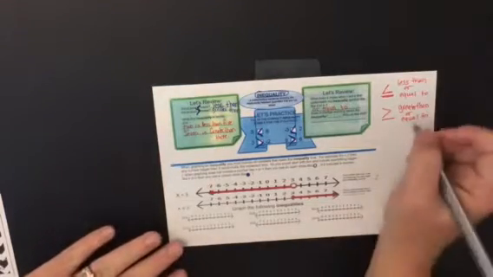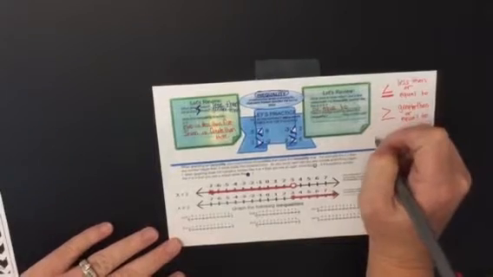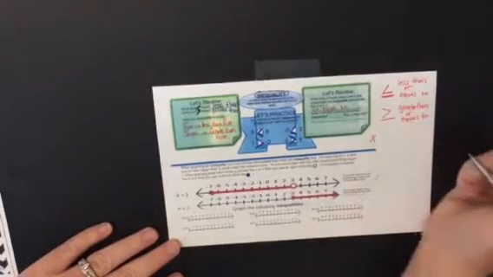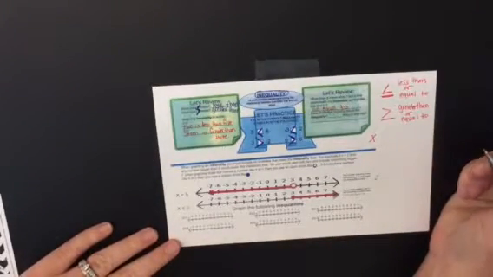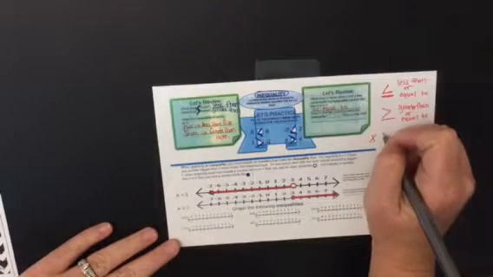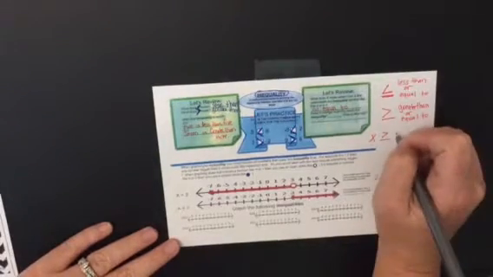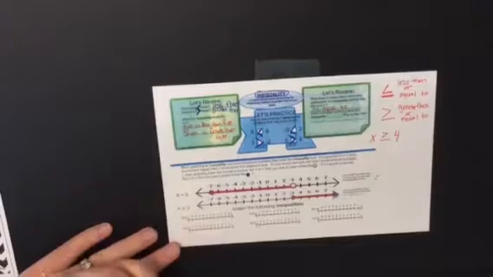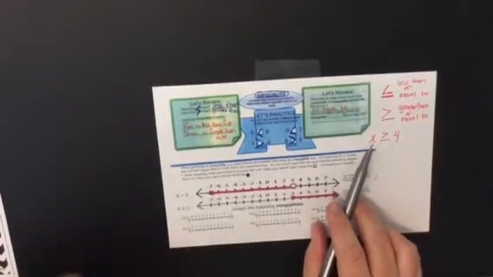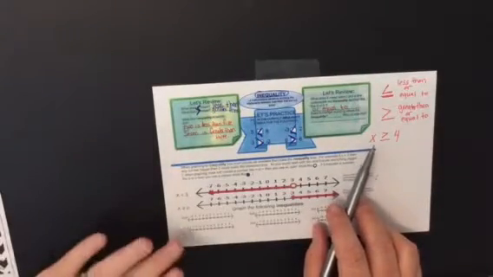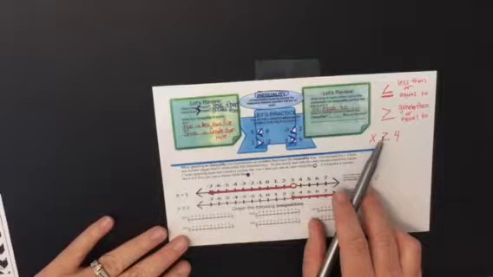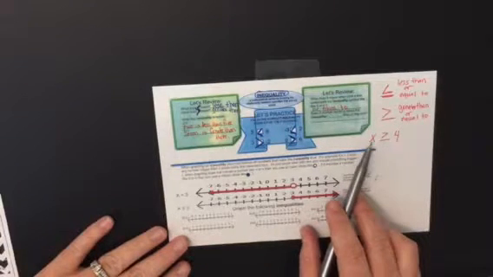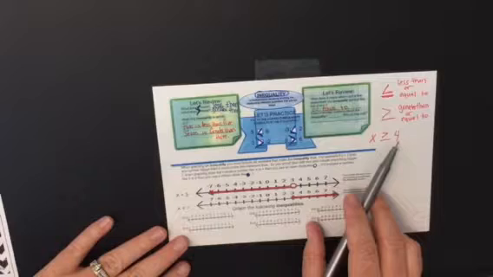So for example, if I said x, which is a variable, we don't know what x is, x is greater than or equal to 4. That means x can be any number that is greater than 4, or x could be equal to 4.